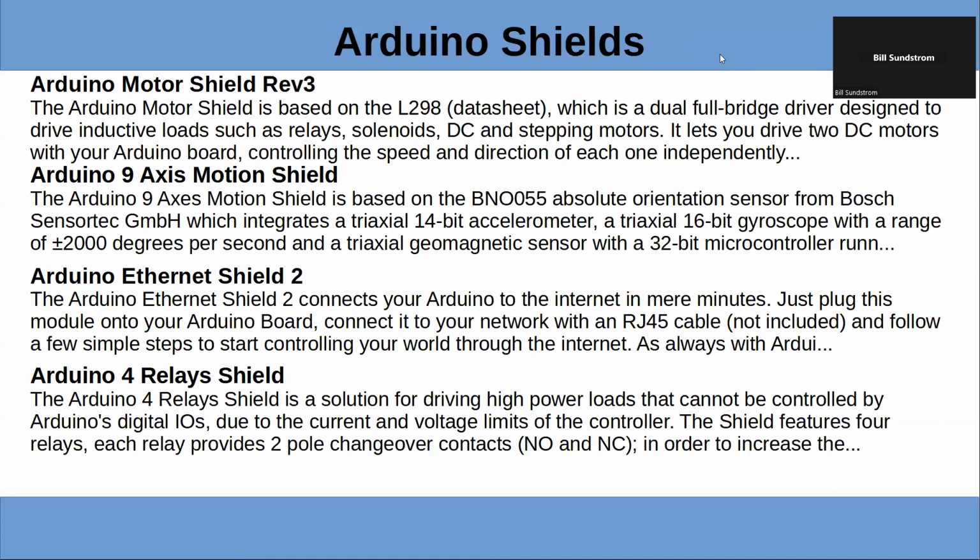In the case of Arduinos, they call them shields. You can get a motor shield, which lets you directly control DC and stepping motors. There's a 9-axis motion shield, which has a built-in accelerometer and gyroscopes.